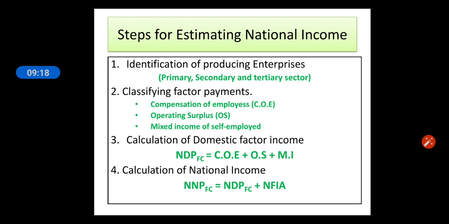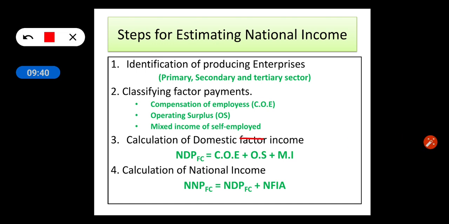Now let's look at the steps for estimating national income. Number one, we have to identify and classify the producing units. Number two, we have to classify factor payments: COE, OS, and mixed income. Third, you add COE, OS, and MI to get domestic income.